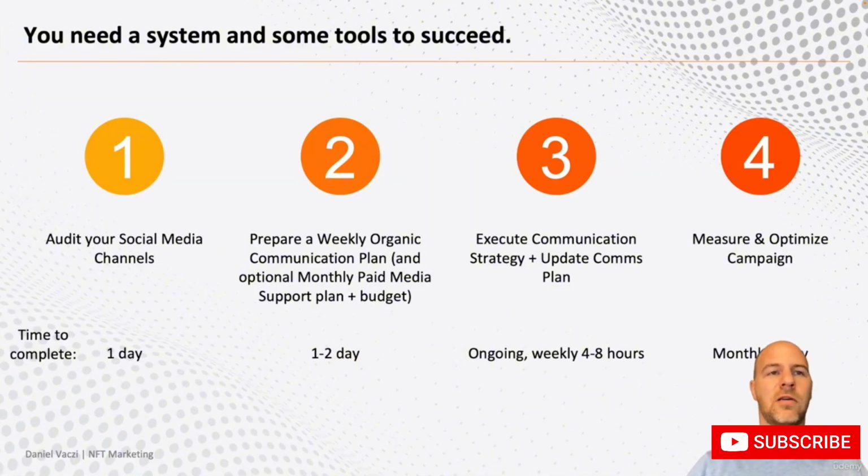You need to assess the success of your campaigns and optimize. What I mean by optimize here: if you are working with an influencer and you're not getting traction with that, then you need to assess that. You need to have a conversation with the influencer and try to find out why it is not helping you to progress.